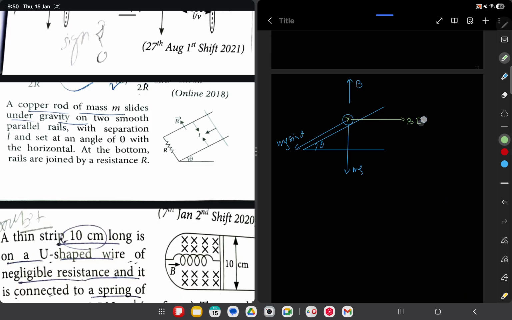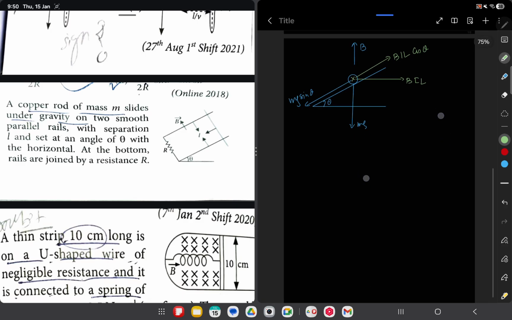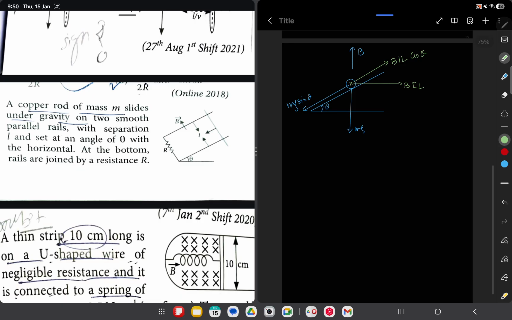This will be BIL, and its component along this direction will be BIL cos theta. Now mg sin theta should be equal to BIL cos theta.